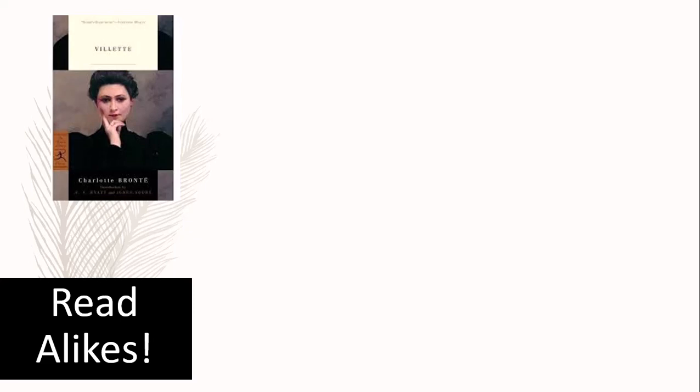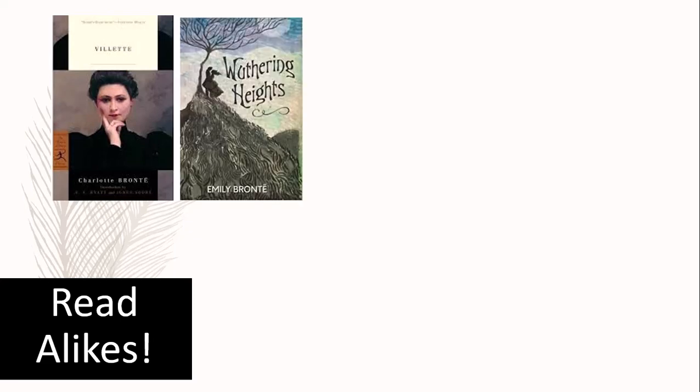So if you like Jane Eyre, you might like Villette as well. Wuthering Heights is by Charlotte's sister Emily, and I find it interesting that people either love Wuthering Heights and feel meh about Jane Eyre, or they love Jane Eyre and don't love Wuthering Heights as much. I like both, and I think you might too.